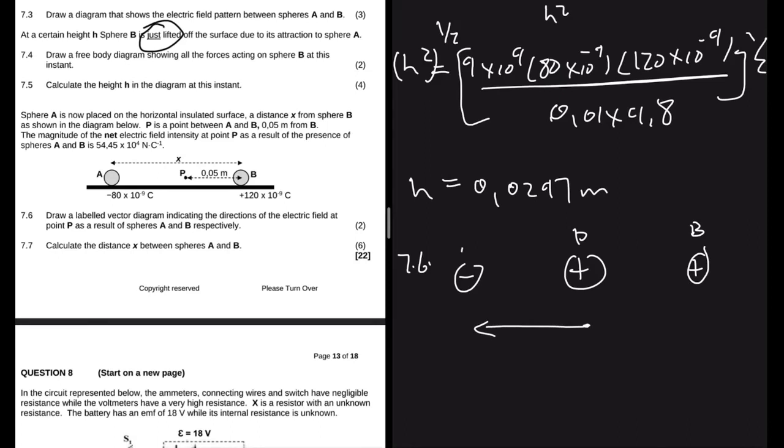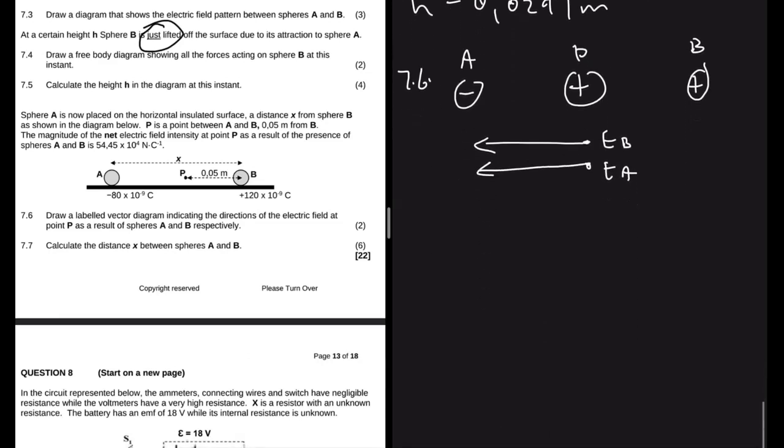And then how do sphere A and point charge P interact? They attract each other. So A on P will be in that direction also. This will be the electric field due to B, and this will be the electric field due to A. And let's move to 7.7.